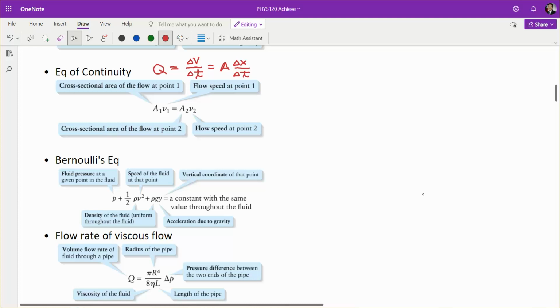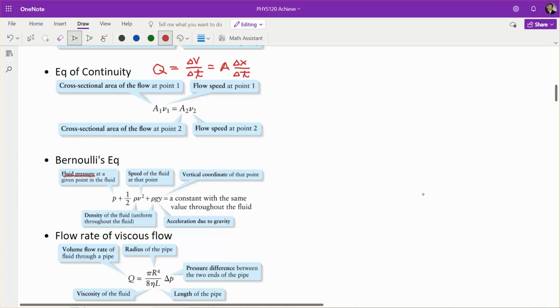Now, a very simple way to remember it is that the Bernoulli equation has three things combined together as a constant. The three things are: first, the fluid pressure. The second thing is due to the kinetic energy. By replacing the mass with rho, we can write this as an equivalent pressure due to the kinetic energy.